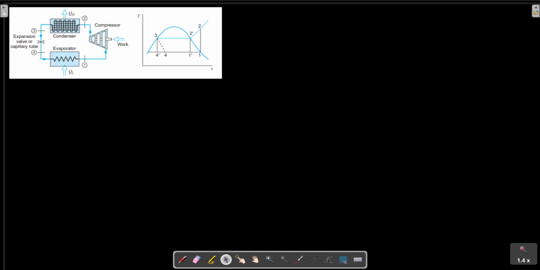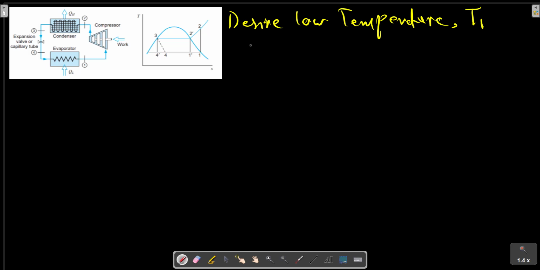The first use is a refrigeration system, in which case it is desired to maintain a space at a low temperature, T1, relative to the ambient temperature, T3.